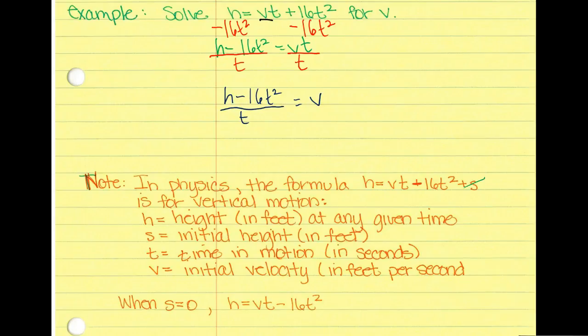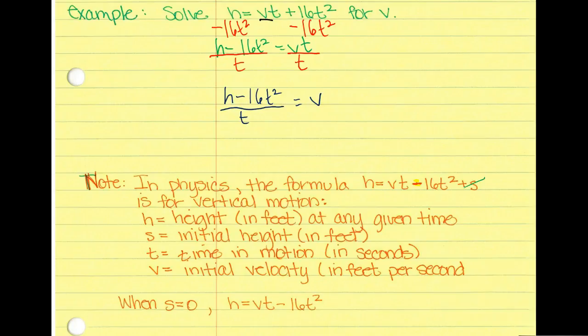Now in physics, in your first term of physics, you'll learn this formula, and it's very similar to the one that we manipulated, except the only difference is there is a minus sign in there. So h equals v times t minus 16t squared plus s. Now, h is for height in feet at any given time.